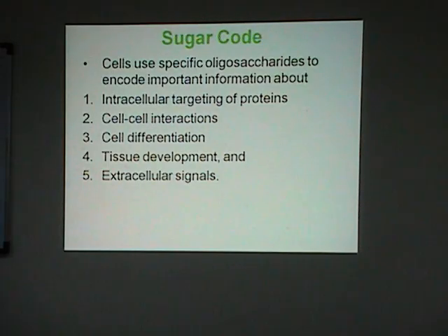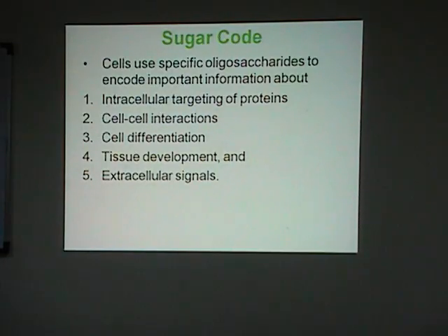Till now we were studying the genetic code, isn't it? Now, sugar coat. Cells use specific oligosaccharides to encode important information. When there is a specific type of cell, on its surface there will be a specific type of oligosaccharide, and that oligosaccharide has a specific type of information.